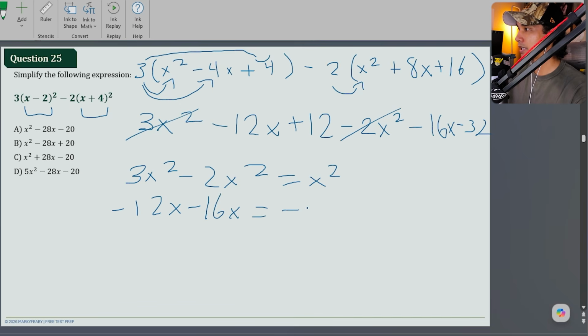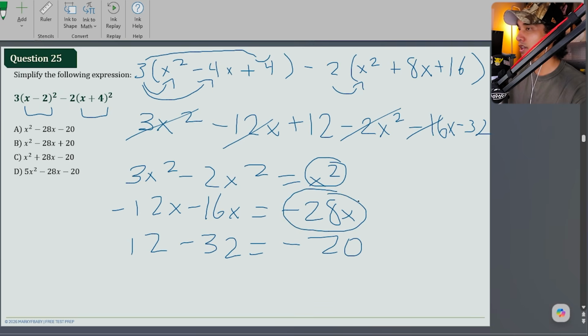Those combined equal negative 28x. I'm going to cross those out. And then plus 12, and then minus 32 gives me negative 20. And our expression is x squared minus 28x minus 20. So let's just write that out.